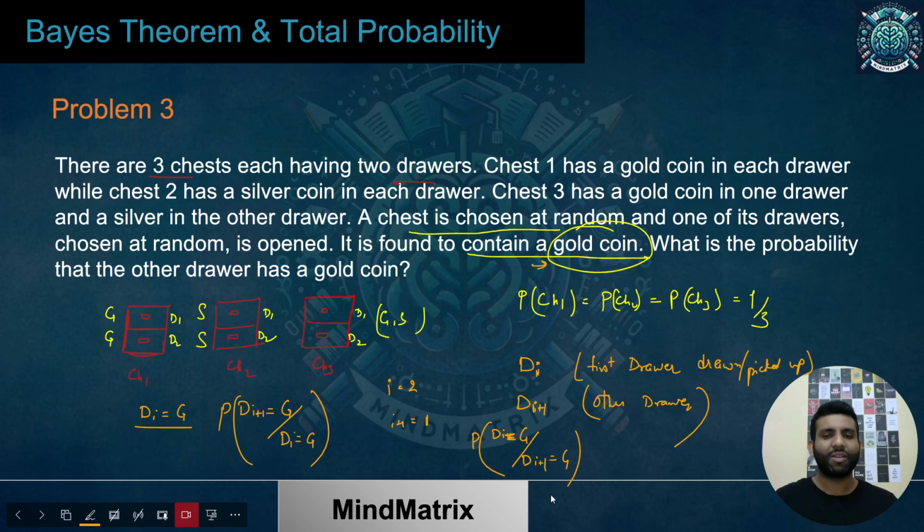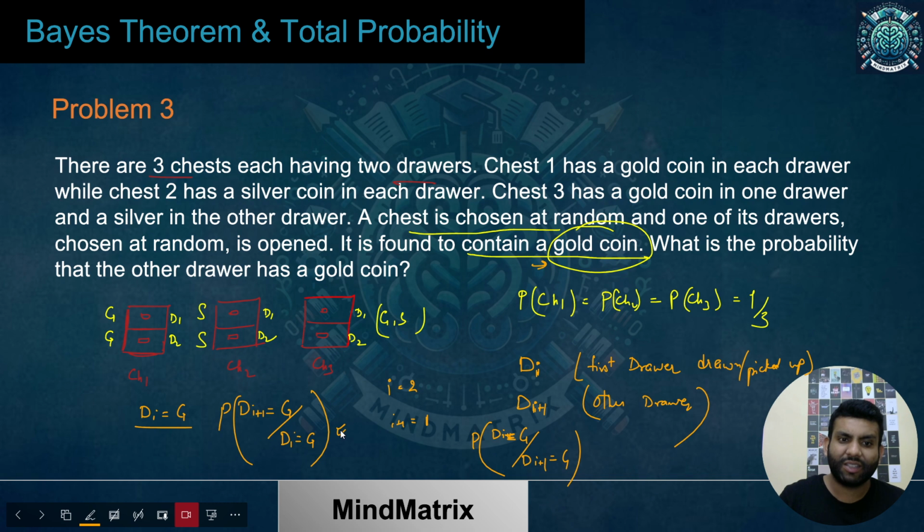If my second drawer has a gold coin, what is the probability of getting a gold in the first draw? So again, this is kind of the same thing I'm asking. I won't be using Bayes theorem over here. This question is exactly based on conditional probability, to be honest. But it uses the concept of total probability, which you'll see right now.